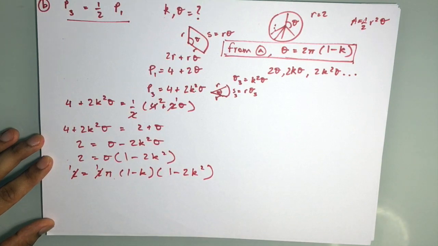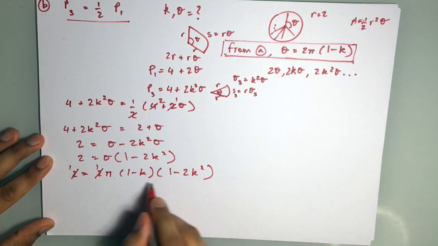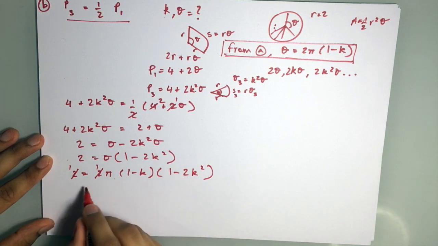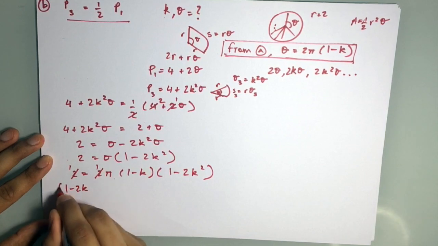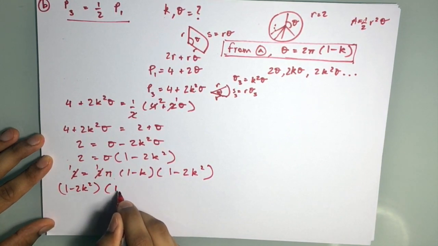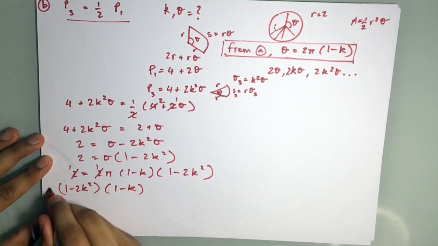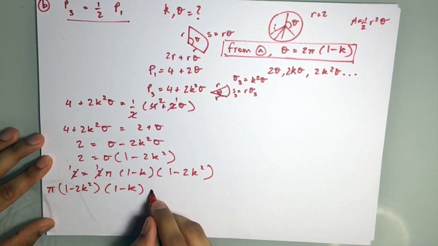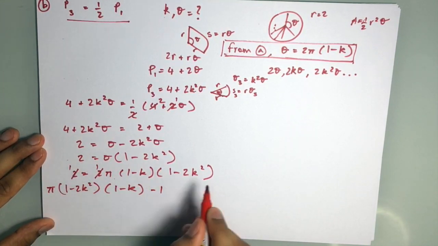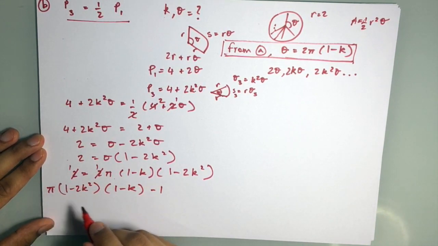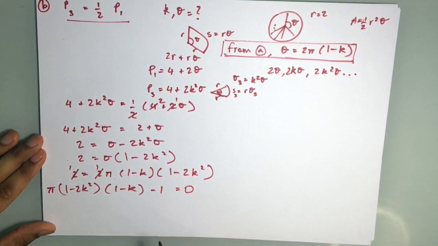So now I've got a cubic equation. I'll rewrite it as a proper cubic so you can see it better. 1 minus 2k squared times 1 minus k times pi, minus 1, so there's a 1 here, remember that, I always forget that after cancelling this 1 exists, equals 0.